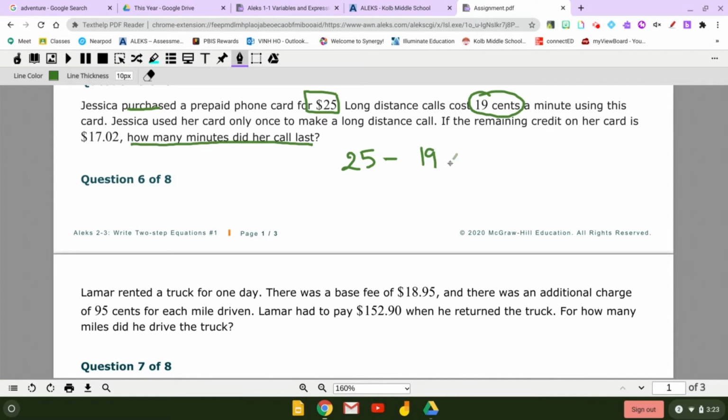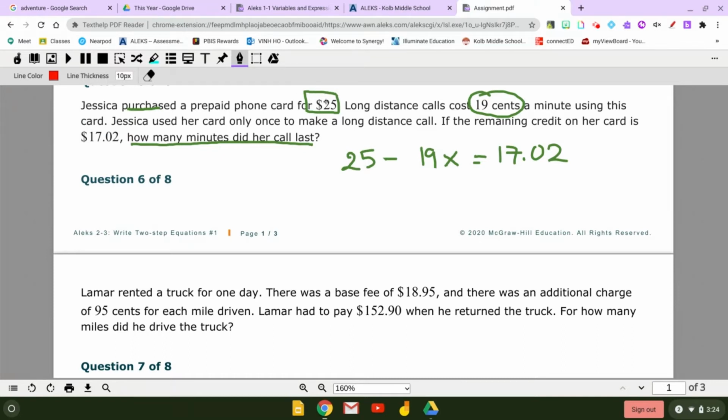So that will be x minutes because we don't know how many. We know after $25, take away 19 cents for each minute, the leftover is $17.02. Can you find how many minutes she made a call for?